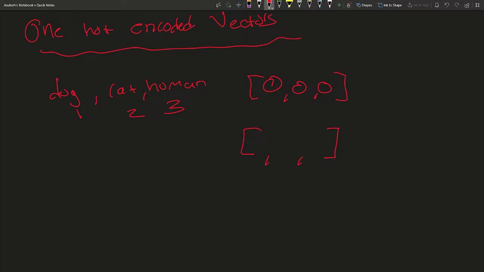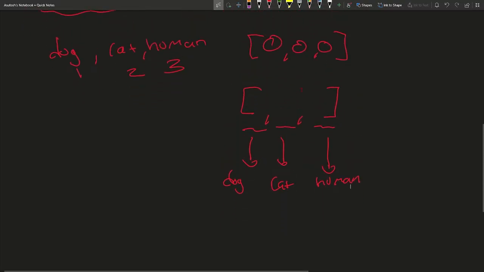So how does it represent which image is correct and which isn't? These indexes in this one-hot encoded vector are dependent on classes. We have 3 different indexes, and because they're dependent on classes, each one of them represents a class. So this index could represent dog, this index could represent cat, this index could represent human. And the one-hot encoded vector is initialized all to zeros, except for the one index that is correct for the data.